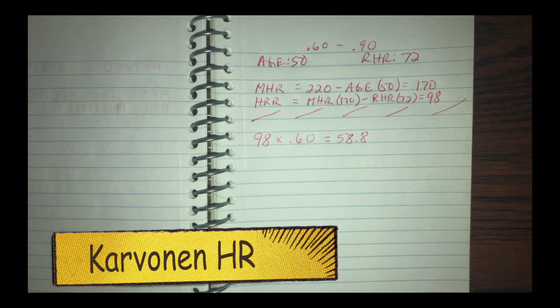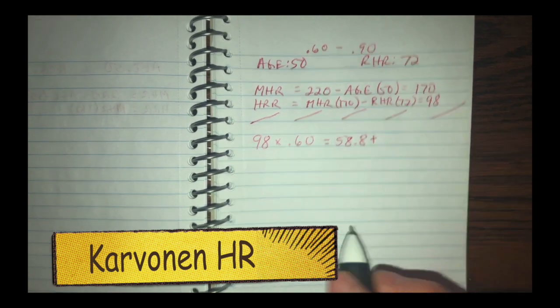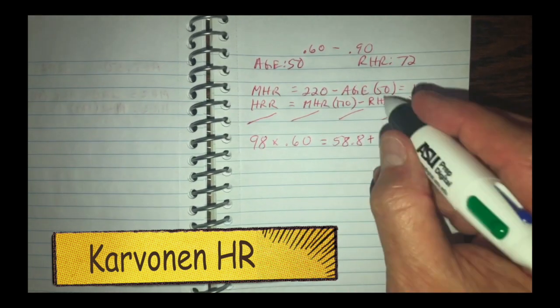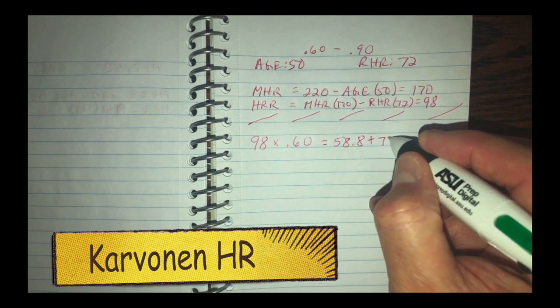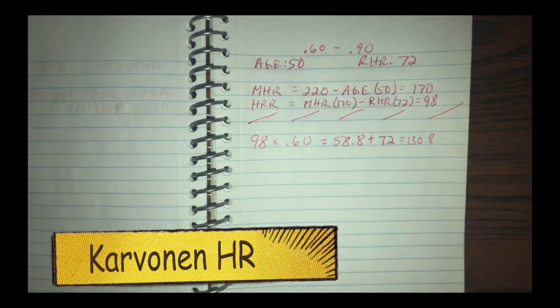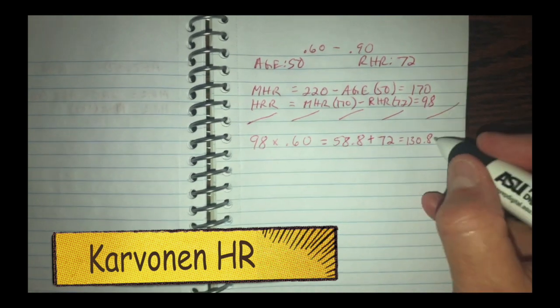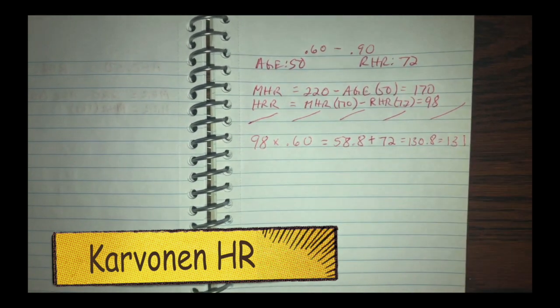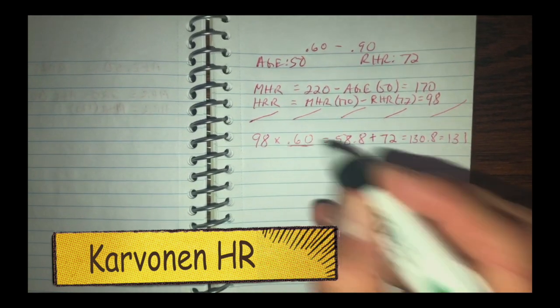Just leave the decimal for now. Add back in, if you remember, my resting heart rate, which is 72, and then I get 130.8, which I'm going to round up to 131. So remember, that's half of it. Now that's my target heart rate at 60%.